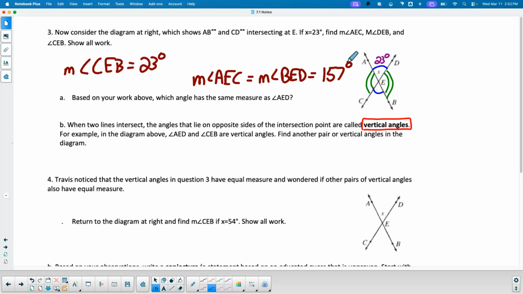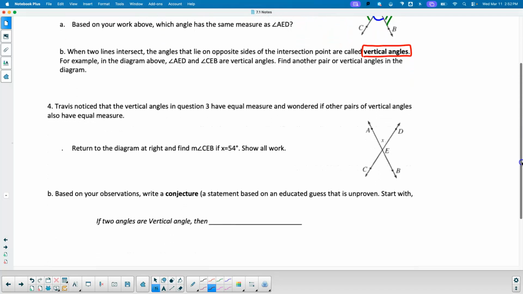So those are vertical ones. Okay? So now what I want you to try right now is, if this angle is now 54 degrees, you find me the measure of the other 3 angles. Go.